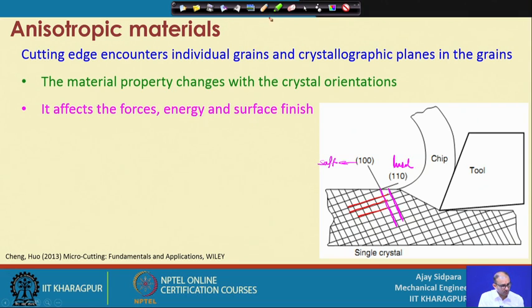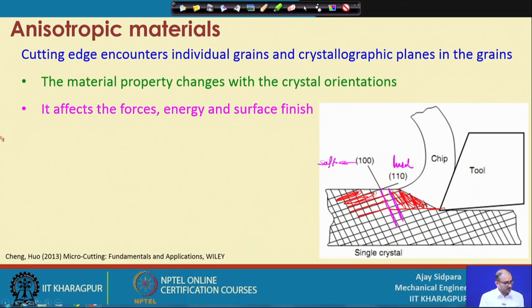So, when your tool is moving in this direction, what is going to happen? The chances are very high that material will be removed in this direction. So, this whole thing will come out as a chip instead of coming out in this direction, because this plane is very hard in this case. So, your material removal is different in different plane directions.